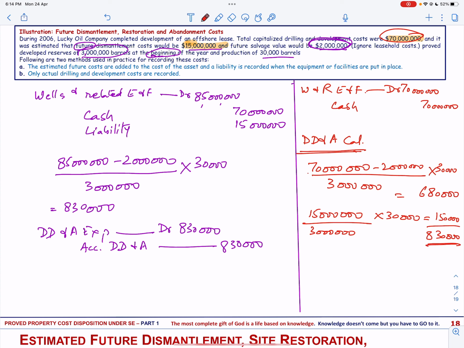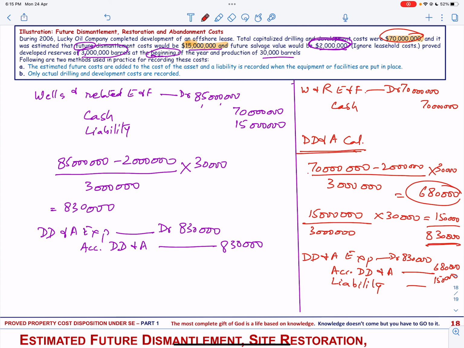830,000. And the general entry now will be DD&A expense, will be debit by 830,000, and accumulated DD&A will be credited by 680,000, and we will record this now as a liability of 150,000.